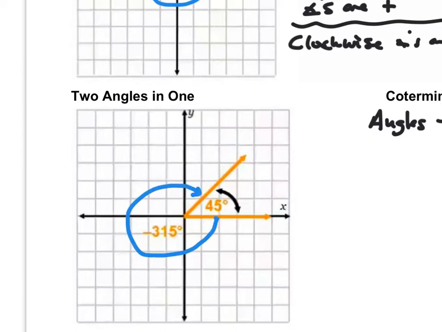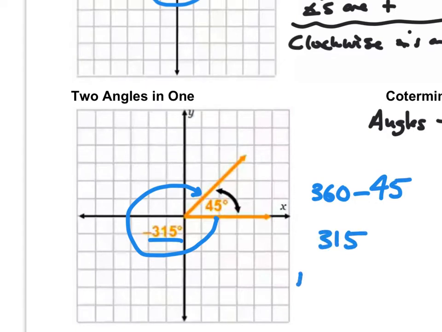To figure out what this angle is, I take 360, which is my total circular revolution, and subtract 45 from that to give us 315.